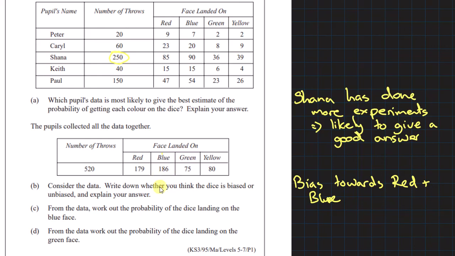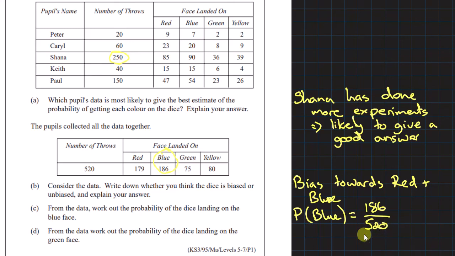From the data, work out the probability of the dice landing on a blue face. Now there's my blue face, and the probability of it being blue is calculate the relative frequency. So the actual frequency is 186 out of 520.